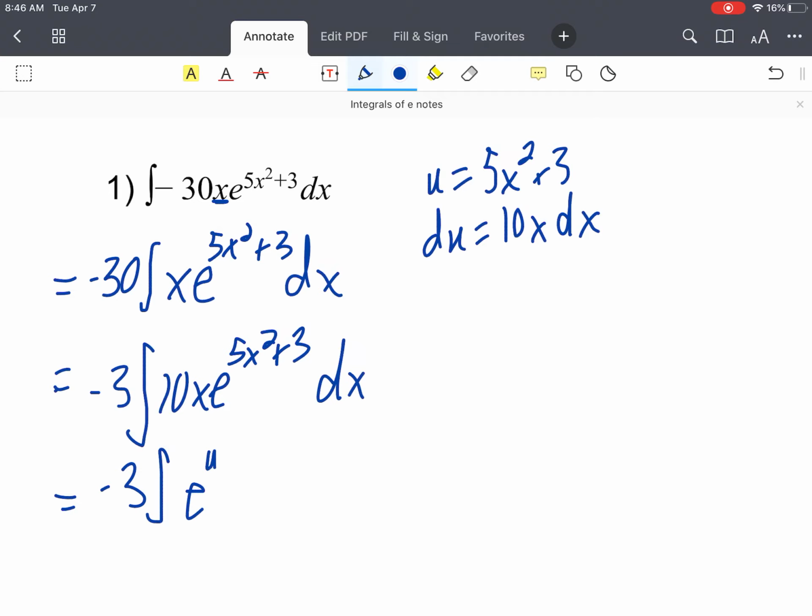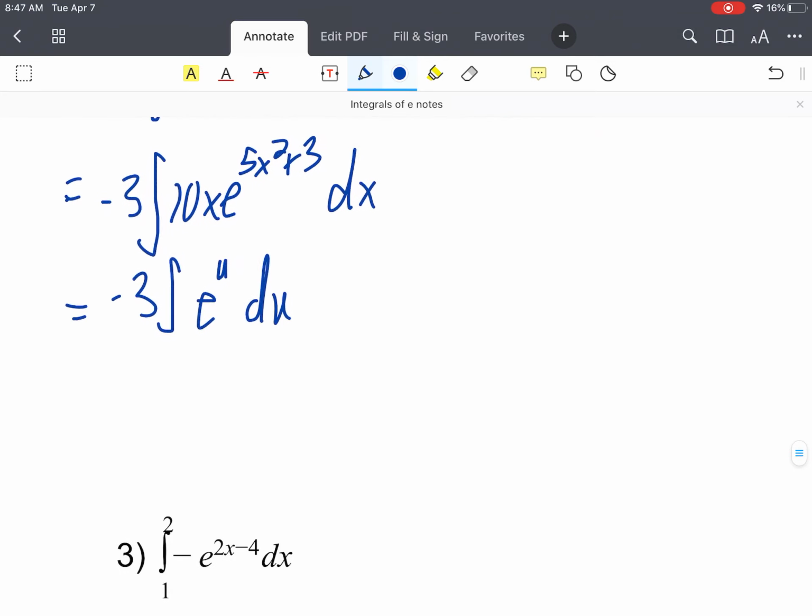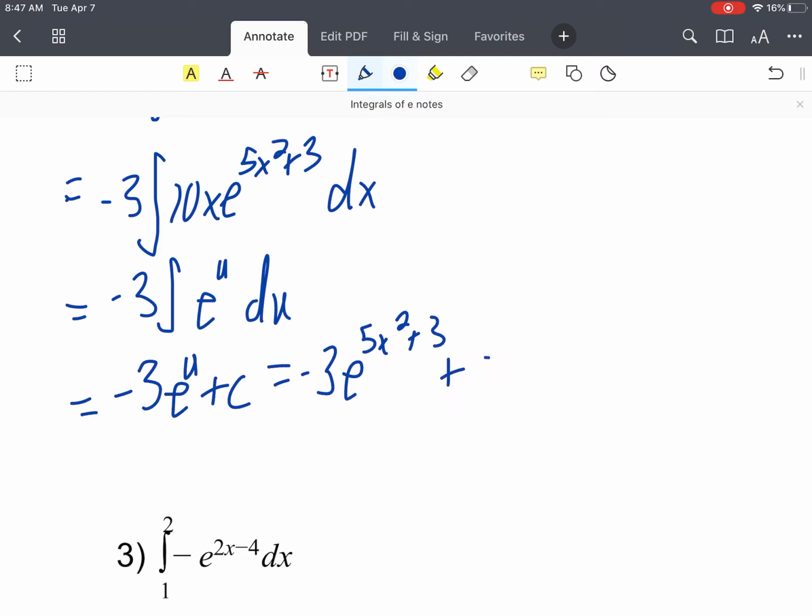So we have negative 3 on the integral, e to the u, and my 10x dx is my du. So e to the u du, and the integral of e to the u is just e to the u plus c. So this is negative 3e to the 5x squared plus 3 plus c, because you have to plug back in what you had.